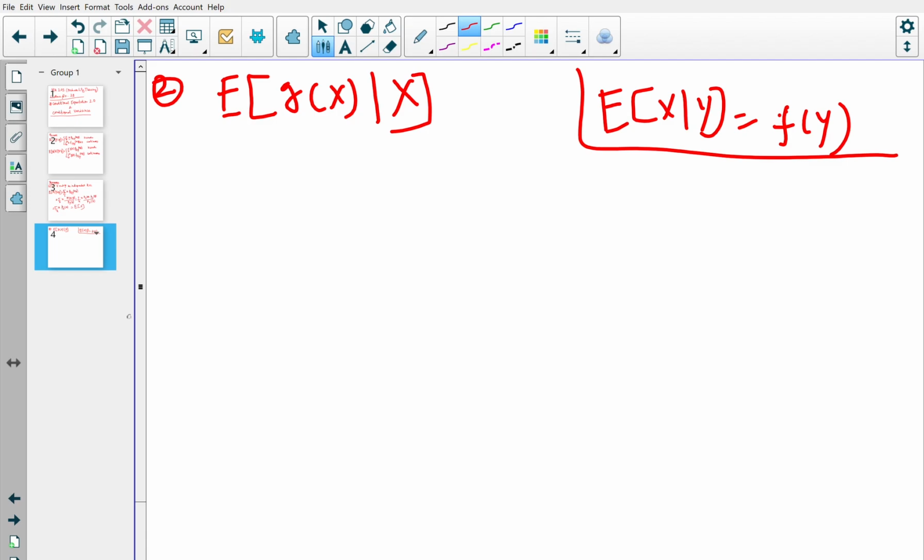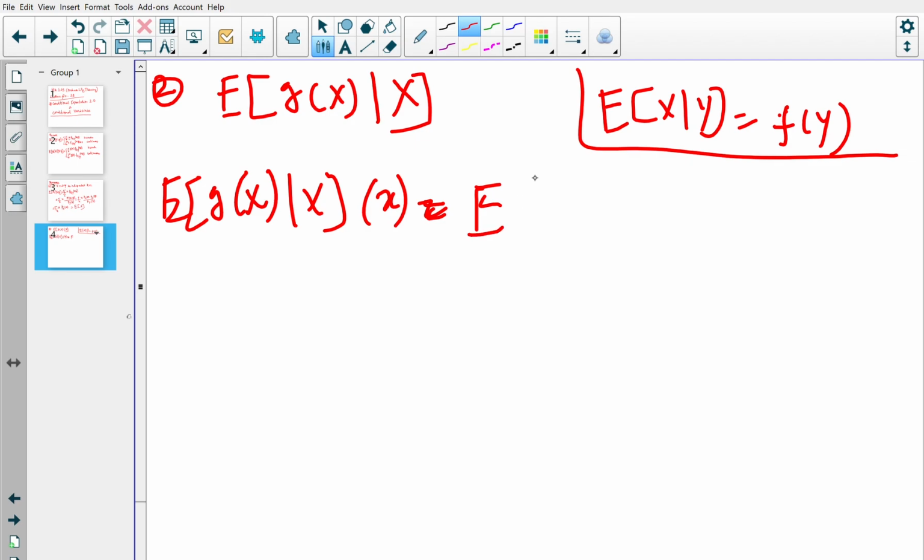By definition, the value at the point x is the expectation of g(X) given X equal to x.